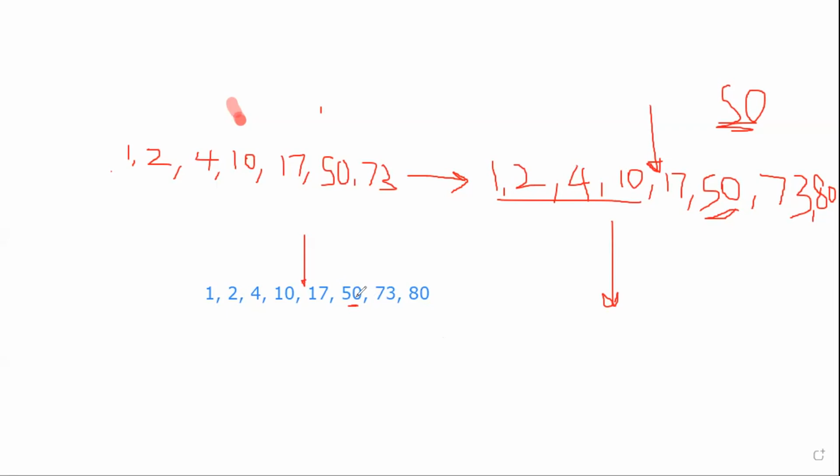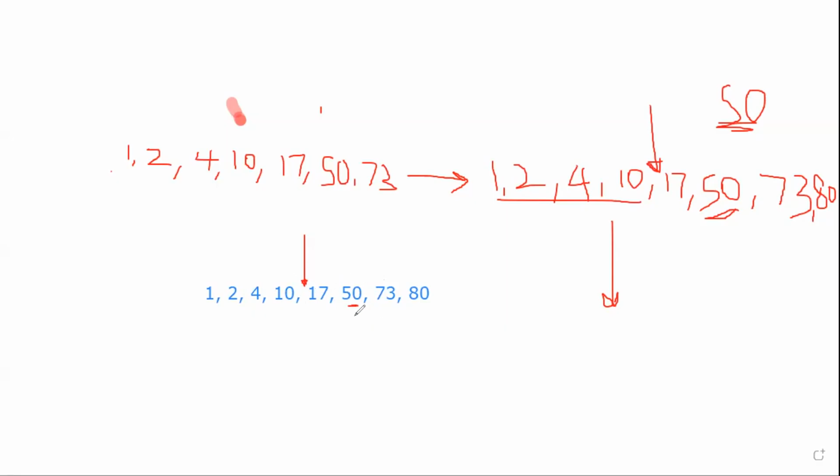As we are now looking for 50, when we apply the divide and conquer method, we split these items in the array into 2 equal parts, the left side and the right side.